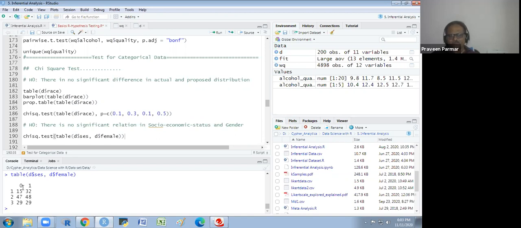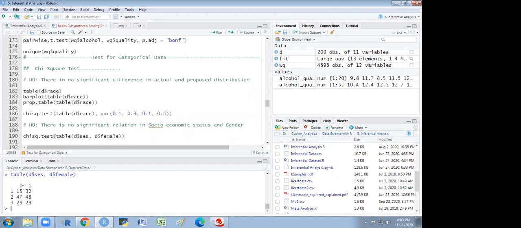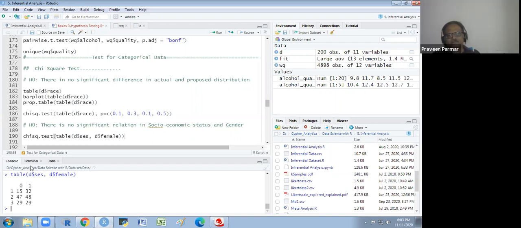If they are, it means they are dependent. If there is no such discrimination, then they are independent. So we want to see if there is a significant relation between socioeconomic status and gender, and we are using the chi-square test here.